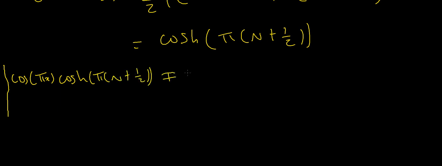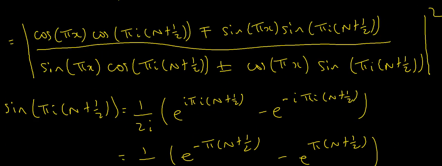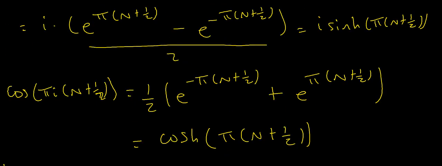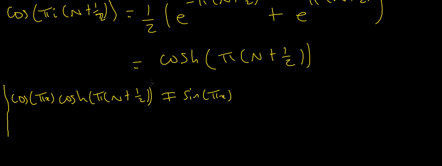Then I've got my minus plus sine, and then sine pi x, and then I have the i sinh of pi times n plus a half, so I'm going to have an i here, and then sinh of pi times n plus a half, and I need a pi as well.